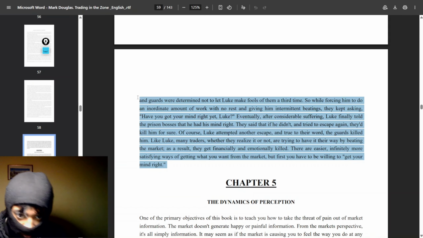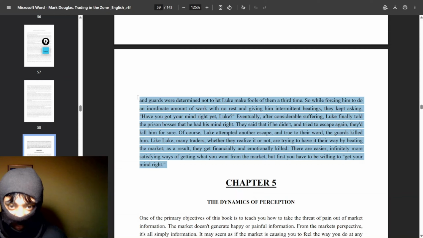Of course, Luke attempted another escape, and true to their word, the guards killed him. Like Luke, many traders, whether they realize it or not, are trying to have it their way by beating the market. As a result, they get financially and emotionally killed. There are easier, infinitely more satisfying ways of getting what you want from the market. But first, you have to be willing to get your mind right.